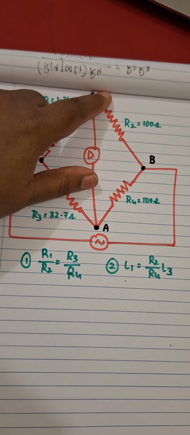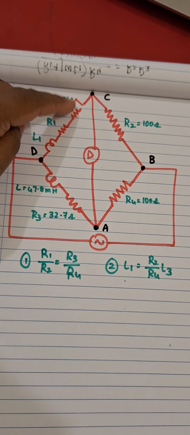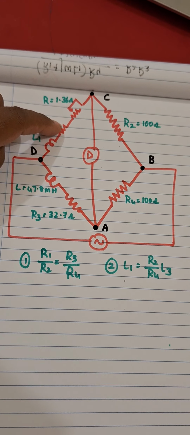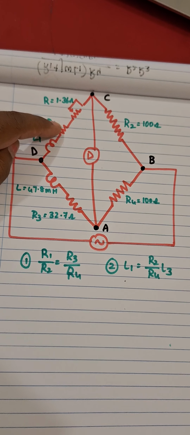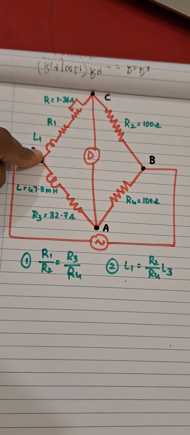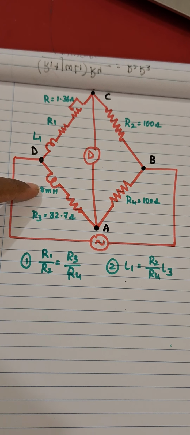And CD comprises a standard variable resistor R in series with a coil of unknown impedance. The impedance means R and L are in series. When we balance the circuit, balancing is obtained when L is 47.8 and R is 1.36.